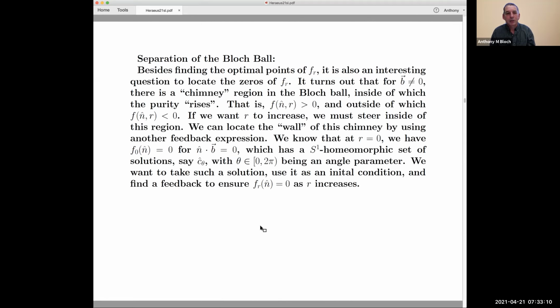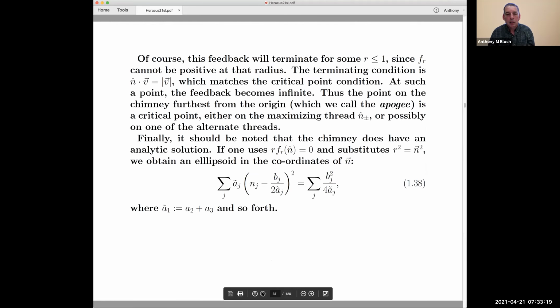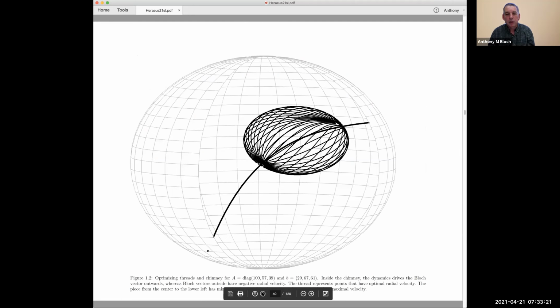So the idea is you want to find these optimal points of F_R, and that'll move you along through the Bloch ball. I'll just jump ahead for a second to show you a picture, and I'll come back to this in a second. This big picture here is the Bloch ball. If you start off at the center of the Bloch ball, there's an optimizing trajectory which can get you from the center to the edge, and that's what this line is.